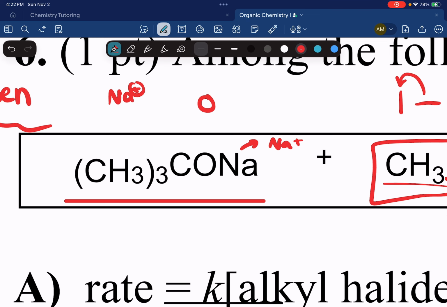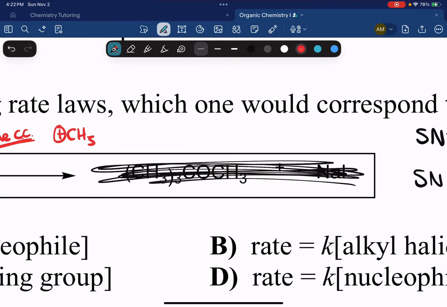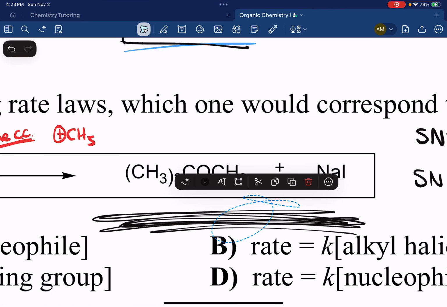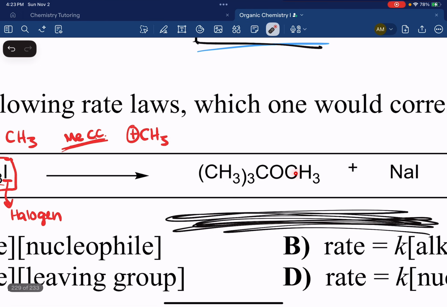And then you'll have an OCCH3 and then the negative here. So really what we're worried about is this section of it. This is the nucleophile, because your oxygen has that negative attached to it. Which is what we saw over here: our oxygen and the CH3 bonded to that. Here's the methyl.